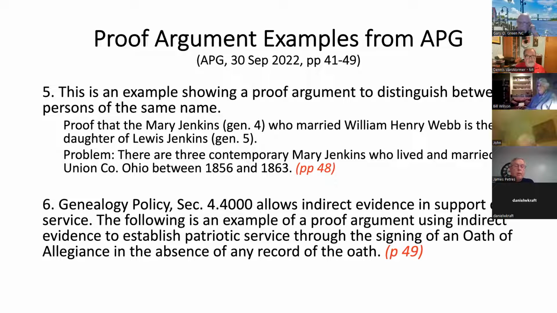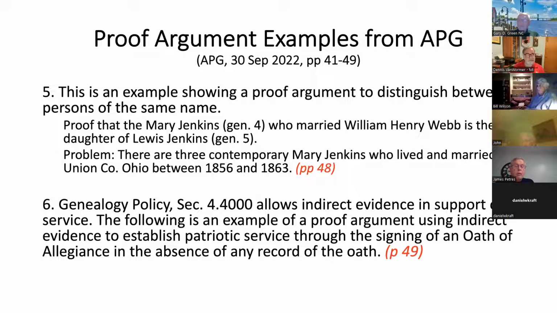So again, you should have a copy or look up a copy of the new application preparation guide, and you can look these over and get some ideas about how proof arguments are written, what a well-written proof argument looks like, and how you can attack some of these different situations.